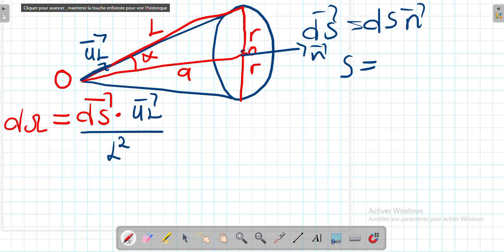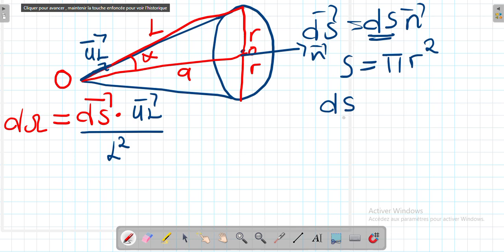This is the area of a circle, and we all know the formula for the area of a circle, which is pi r squared. Now here your main area of interest is dS and not S.